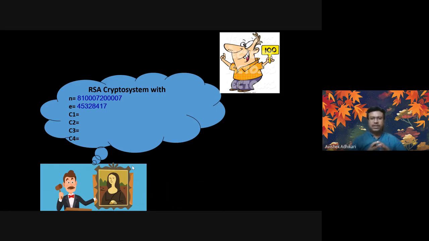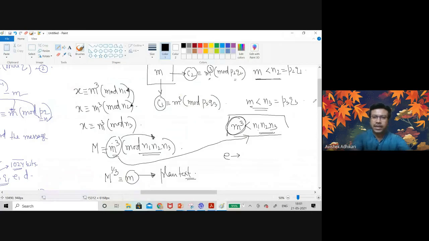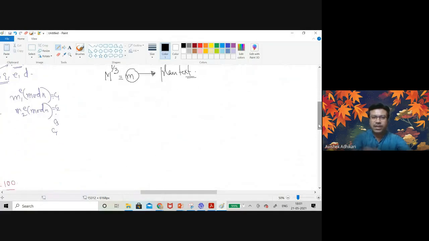multiplying this with 100. Suppose in current day 1 euro is maybe around 90 Indian rupees, INR. So instead of doing some 90 business, I assume that 1 euro is equivalent to 100 INR.